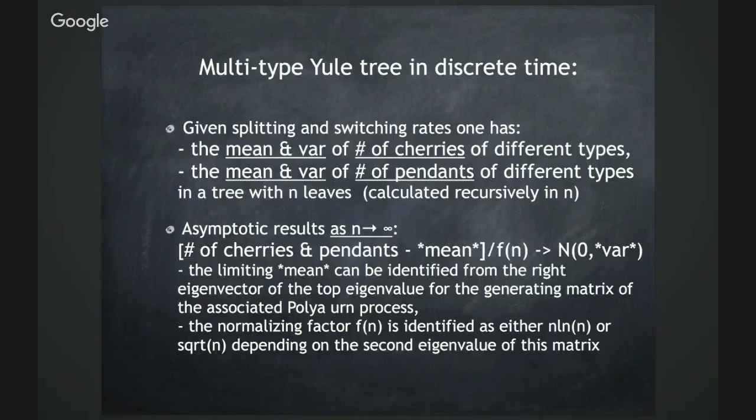the limiting normal distribution. And much of this work relies on certain Pólya urn, or Erm, process representations for how one attaches different leaves based on these rates and gets these cherries and pendants. The only difference between these results and standard central limit theorem results is that this normalizing factor is not necessarily square root of n, but could be bigger, and could be n log n, and all of that depends on how these rates, how there's a big matrix where one puts in all of these rates of switching and splitting, and then one looks at the eigenvalues and eigenvectors of the first and second, so the largest and second largest eigenvalue and eigenvector of this matrix, and that can determine what kind of scaling one has.